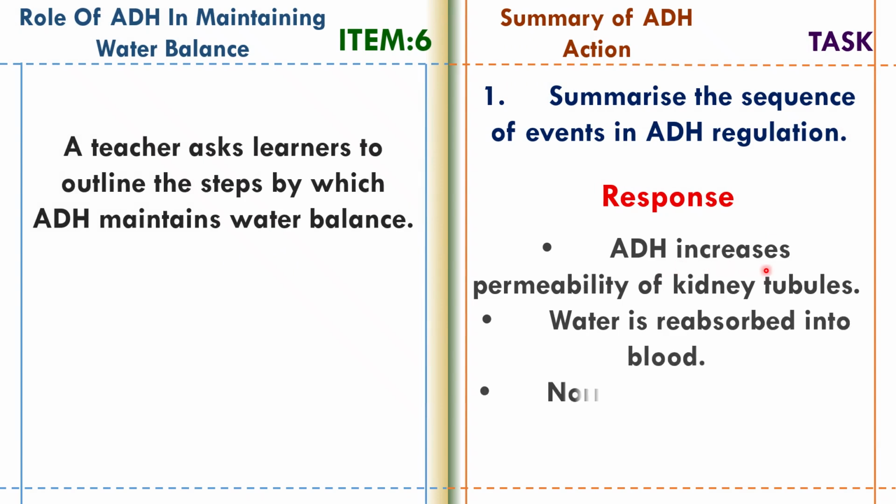ADH increases permeability of kidney tubules. Water is reabsorbed into blood. Normal water balance is restored.